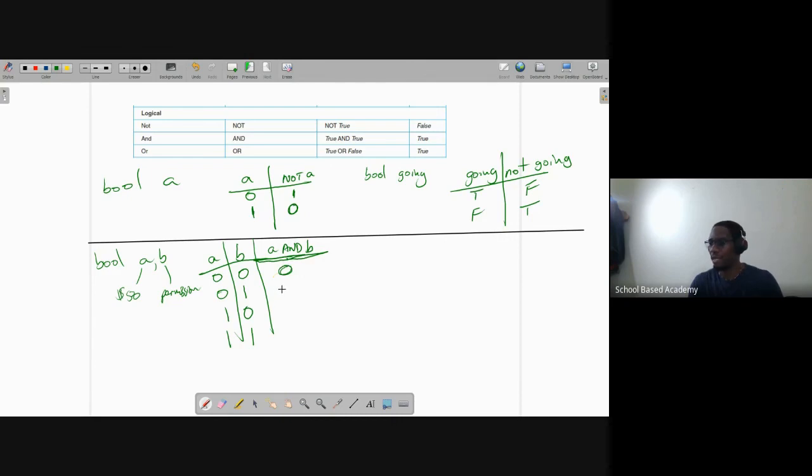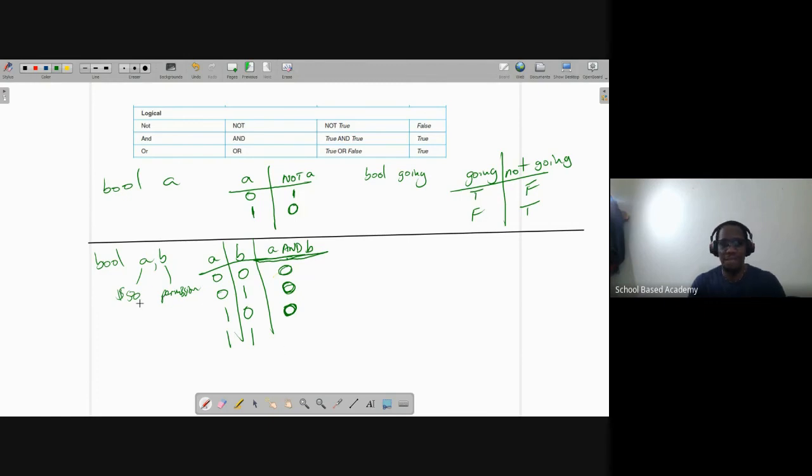Negative. If you have no money, but you got permission, you don't expect me to pay for you. If you have more than $50, you have $1,000, but you can't show me any permission, then you cannot go anywhere.